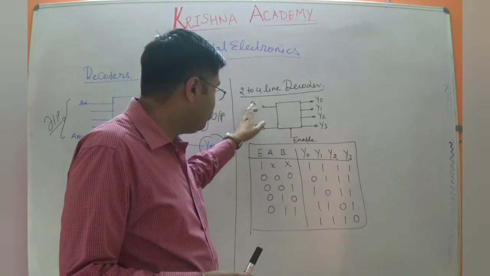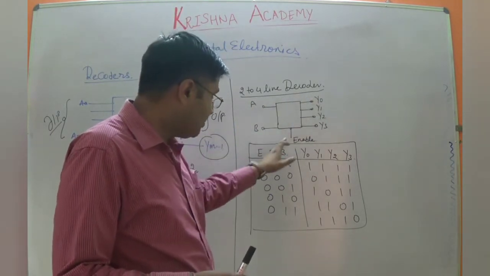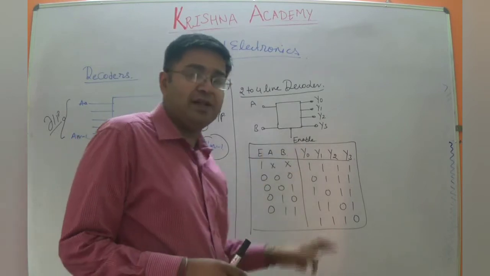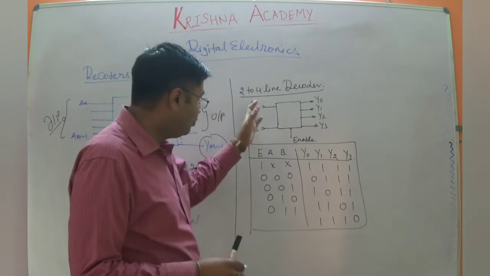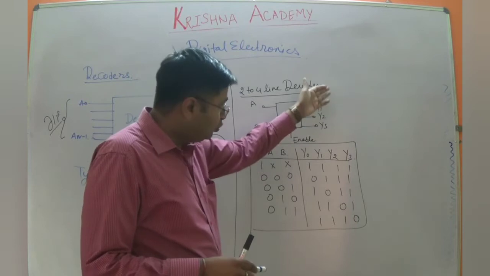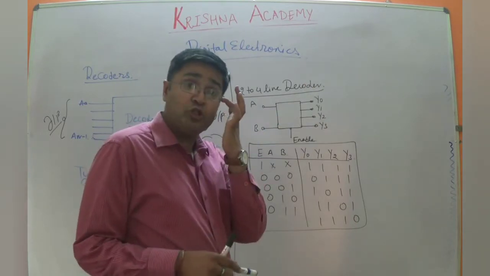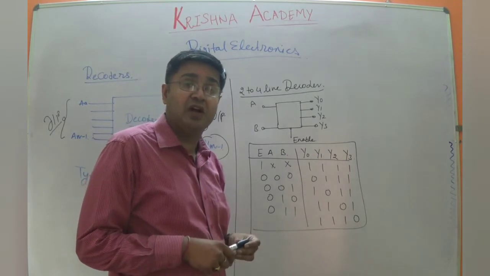Whenever we need to choose which information needs to be sent there, we use the circuit along with an enable. This enable switch allows us to choose whether to give these inputs to all the outputs or whether a particular output needs to be chosen. That is how the decoder circuit works.